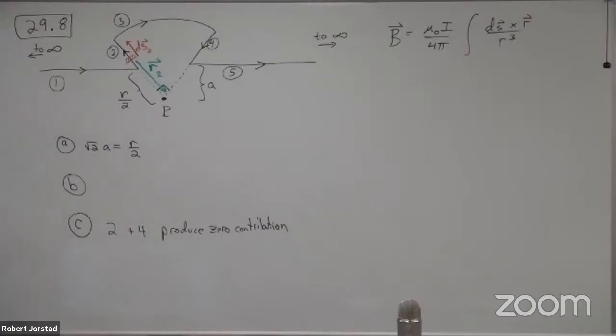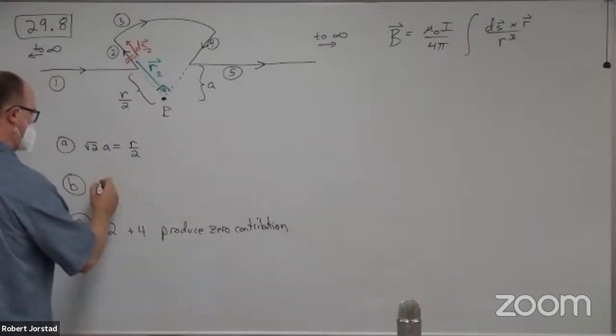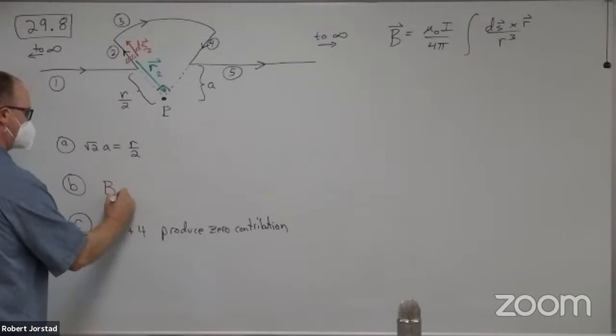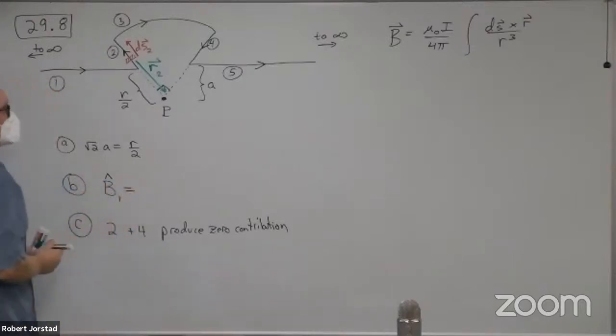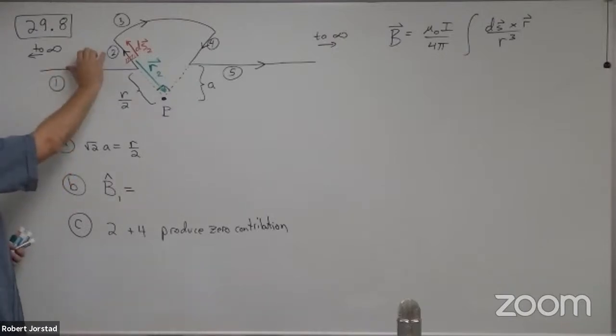How do you get the direction of B1? So I'm going to write B1 hat here. What does B1 hat mean? The direction of B1. This is not the field, this is the direction of the field, B1 hat. How do I get the direction from a straight wire? Grab that wire. Is that looking good?